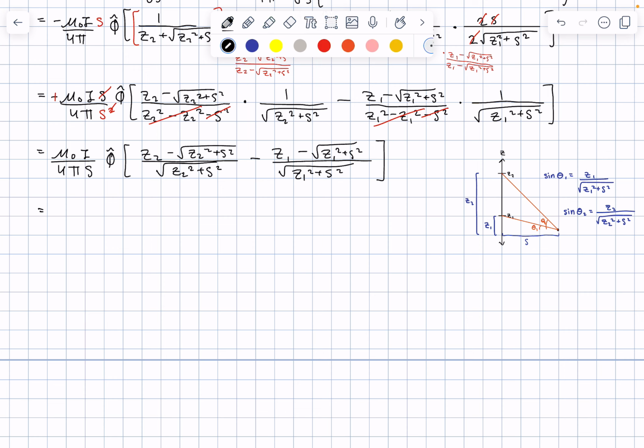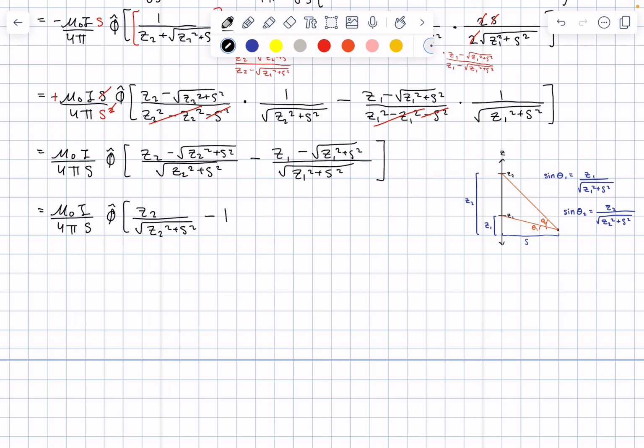So we can rewrite this as mu naught I over 4 pi s in the phi hat direction, and then we'll have z2 over the square root of z2 squared plus s squared, and then minus 1, because the square root of z2 squared plus s squared divided by the square root of z2 squared plus s squared is just 1.